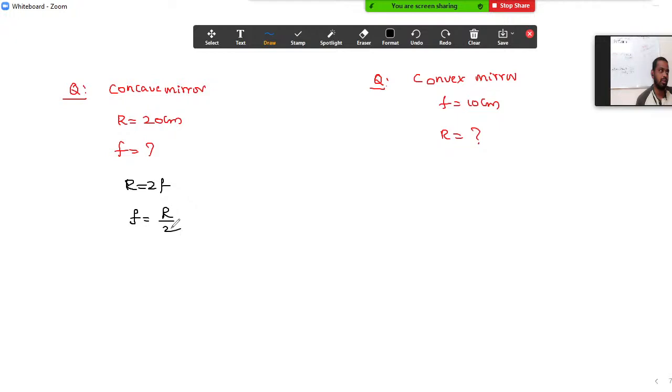The line will pass through focus and perpendicular to the principal axis. This axis is called focal axis. Clear? In the similar way, we need to draw the focal axis for concave mirror also.